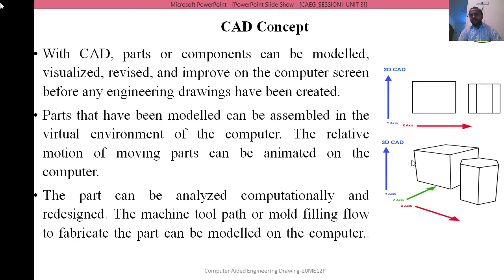So here, after modeling this 2D view, it looks as in the figure. So this is the x dimension, this is the y dimension, this is the z dimension, and the cube can be created by using the 2D drawing.